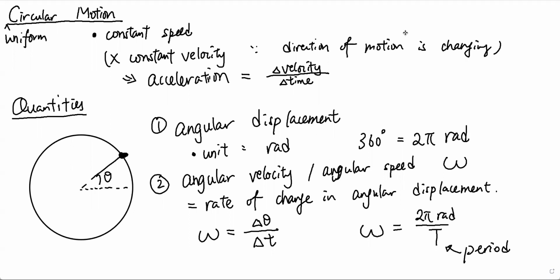How long does it take for the Earth to orbit around the Sun for one circle? For one circle? 1 year. Then we can find the angular speed for that. So for one complete circle, if you're talking about the Earth orbiting around the Sun, then the angular speed will be 2 pi over 1 year.